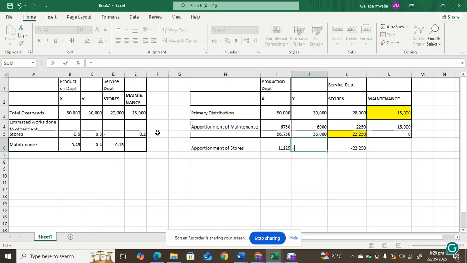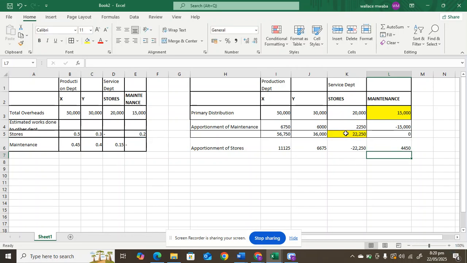Then stores gives 30% of its work to department Y. So it's 0.3 multiplied by 22,250. You get 6,675. Then stores applies 20% work to maintenance. So it's 20% of 22,250. You get 4,450.